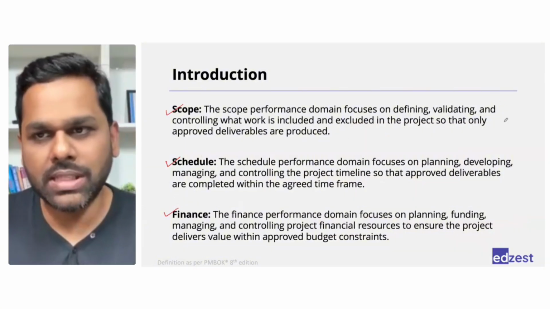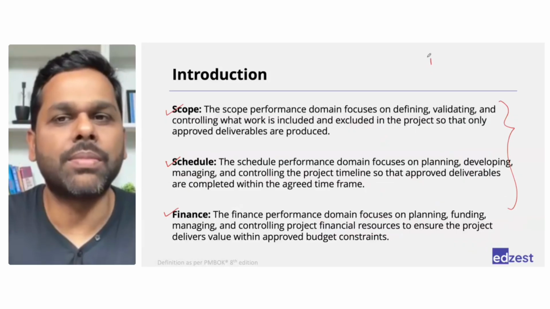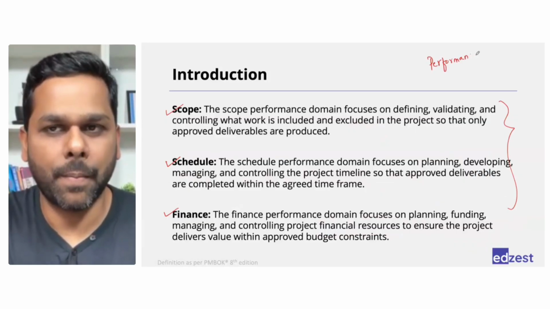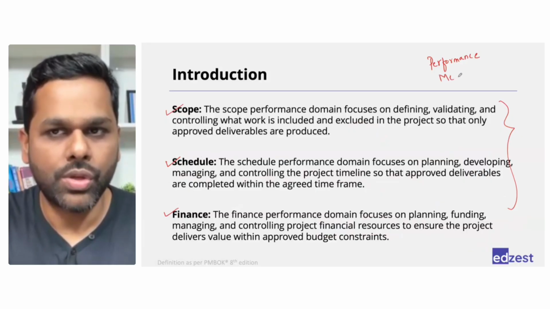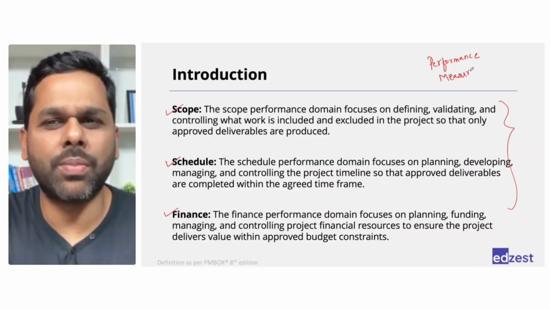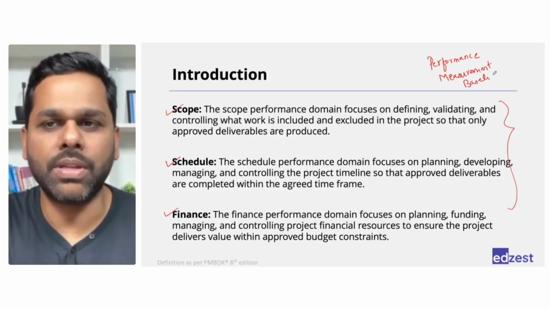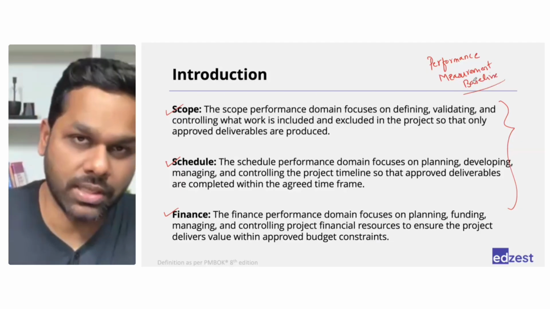And hence all these three things put together become something called performance measurement baseline, right? So the core measurement of your performance happens on these three areas of the project.